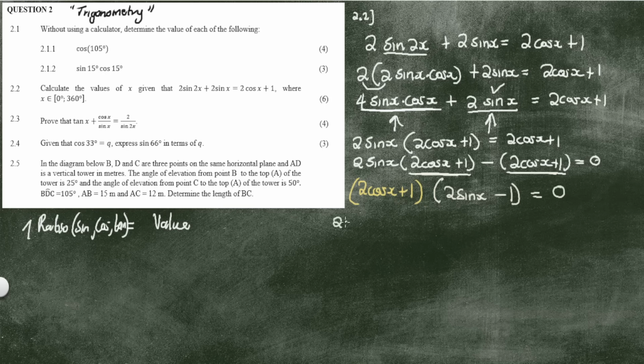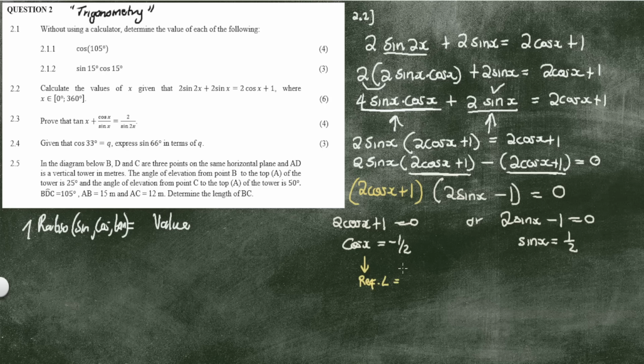Then we're going to have 2 cos x plus 1 equal to 0, or 2 sine x minus 1 equal to 0. Then cos x is equal to negative a half, and sine x is equal to a positive half. Then we find a reference angle.